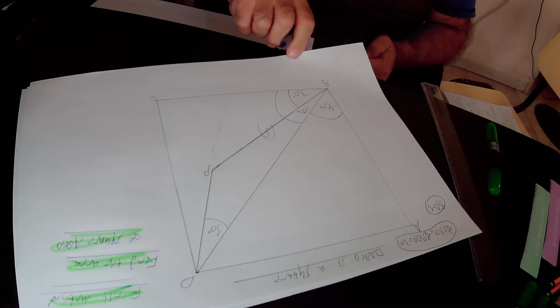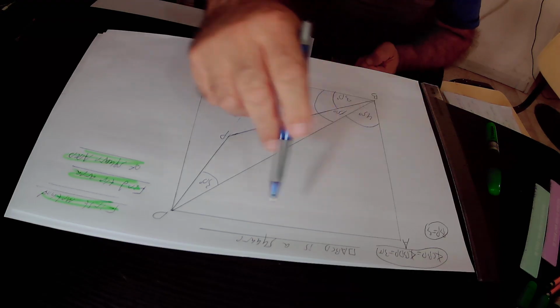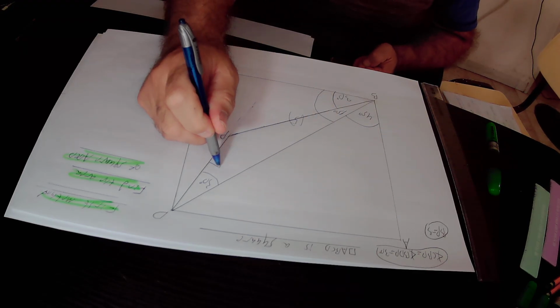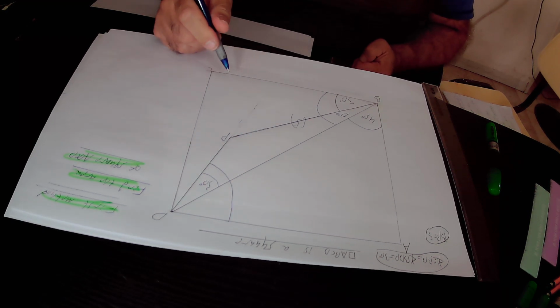Likewise, diagonal BD bisects angle ADC. This is the first half, equal to 45 degrees.